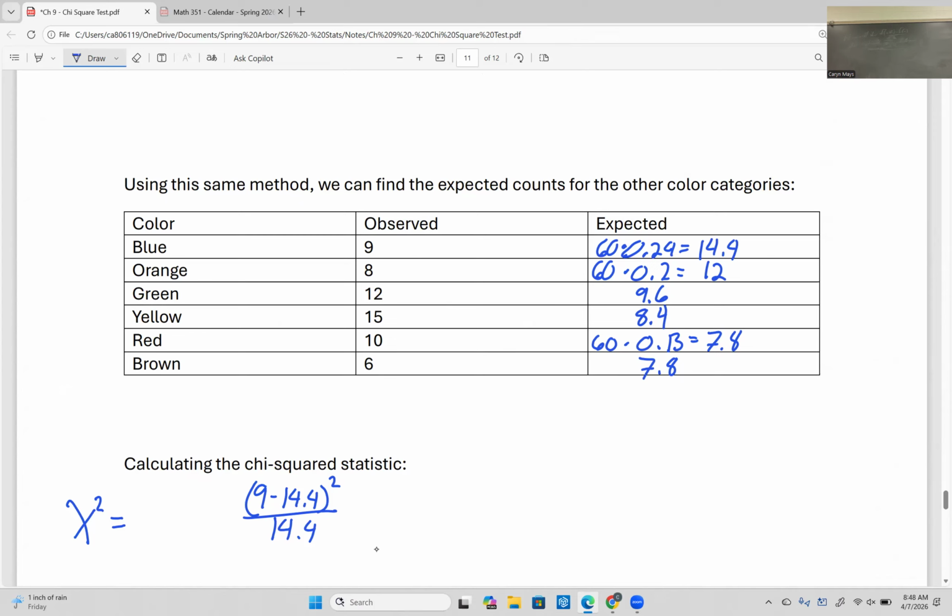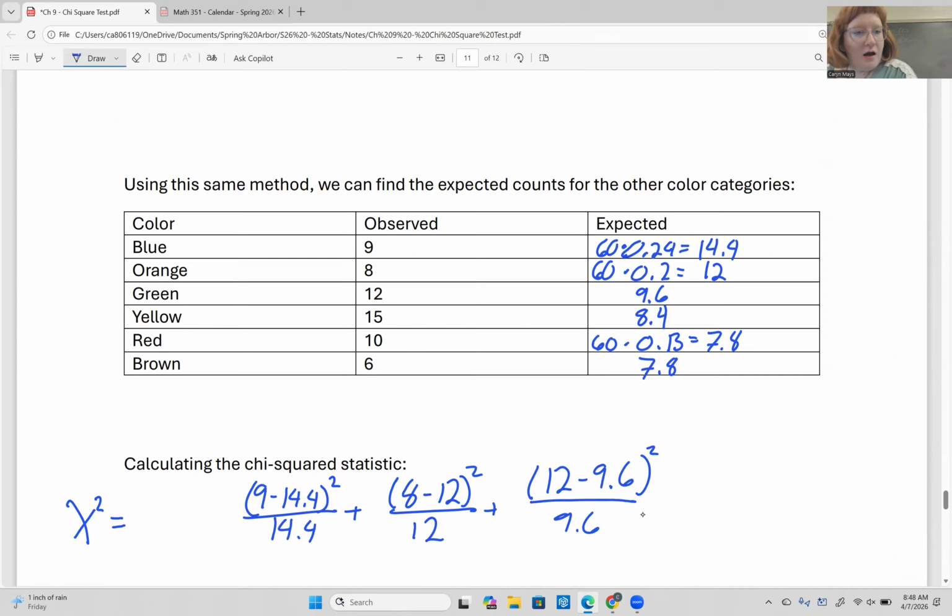I'm actually going to write them all out. So then orange, that portion for orange, would be 8 minus 12 squared over 12. Green would be 12 minus 9.6 squared over 9.6.